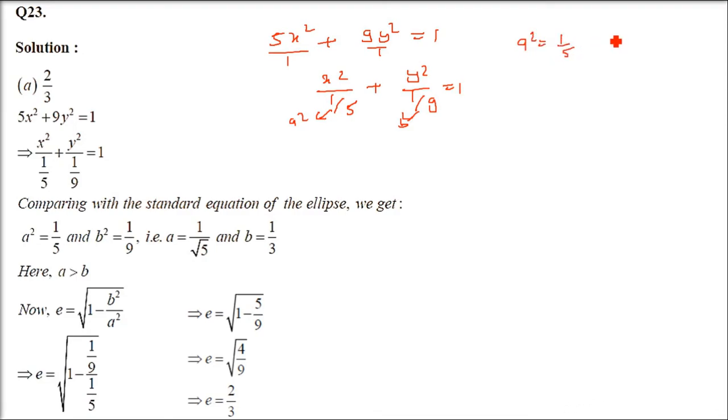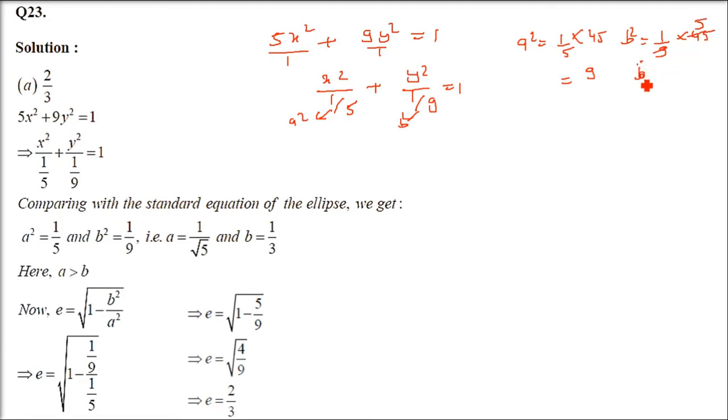You know it very well, but still if you are confused, then you can take the LCM of 5 and 9 and multiply both. 5 and 9 LCM is 45. So multiply 45 here and 45 here. 5 9s are 45 and 9 5s are 45. So this is 9 and b square is going to be 5.